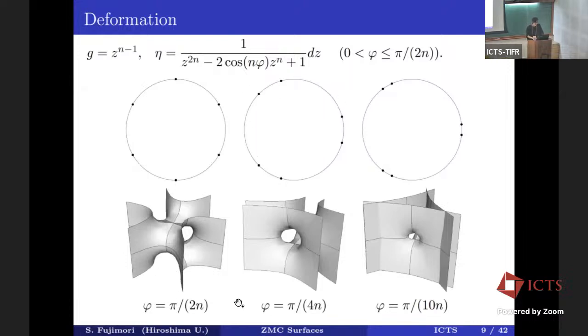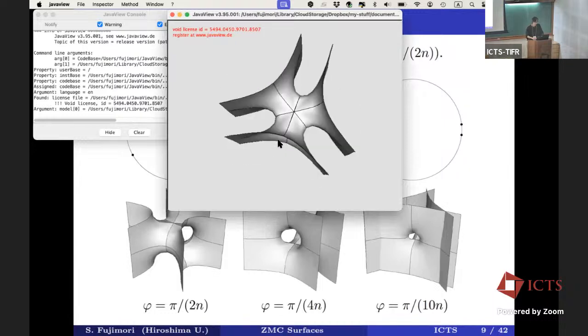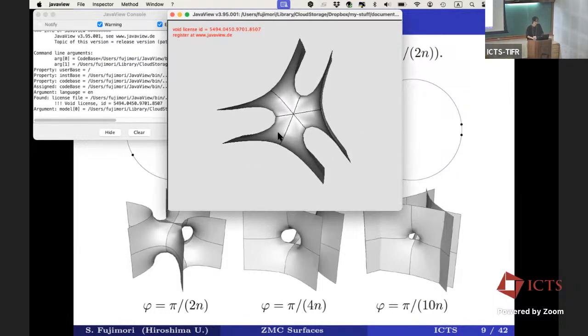The surface looks like this. It is still embedded, but this is the limiting case of embeddedness, because this end and this end become parallel, so we now have 3 pairs of parallel ends.